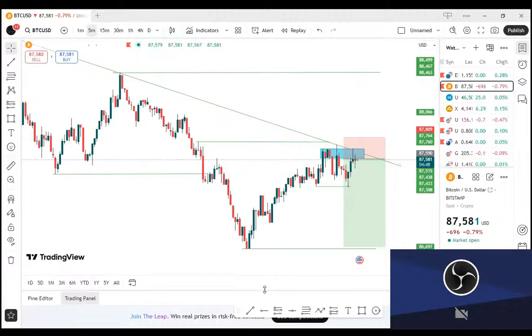Let's see if that will be a continuation candlestick.